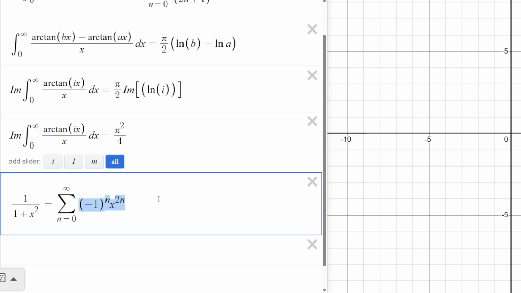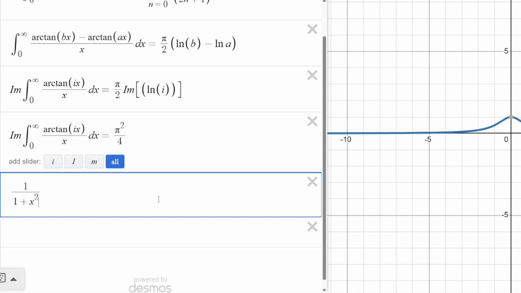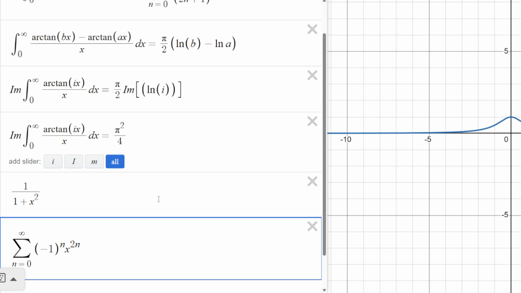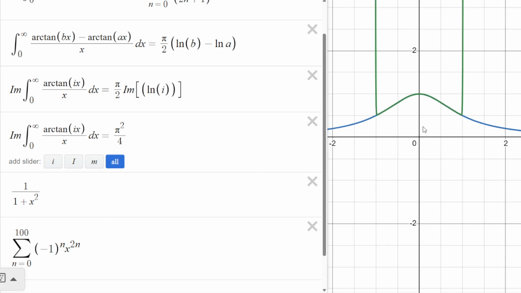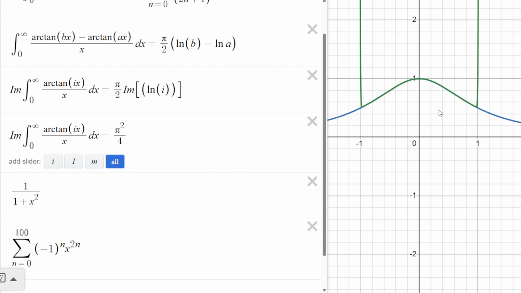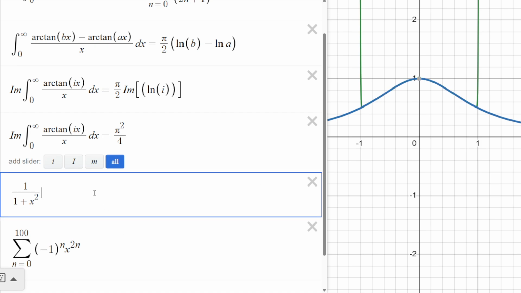And let's show that 1 over x squared plus 1 is indeed equal to this. Now, Desmos does not like infinities inside of sum, so we'll just go to 10 or maybe 100. And you can see that this is going to hold for the absolute value of x less than 1.